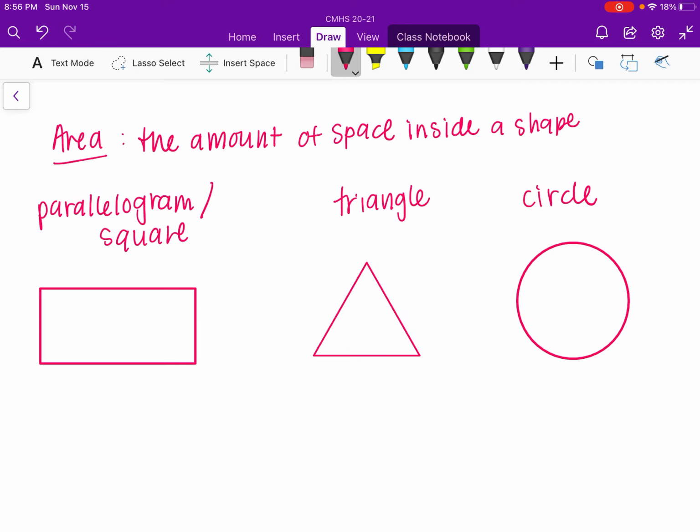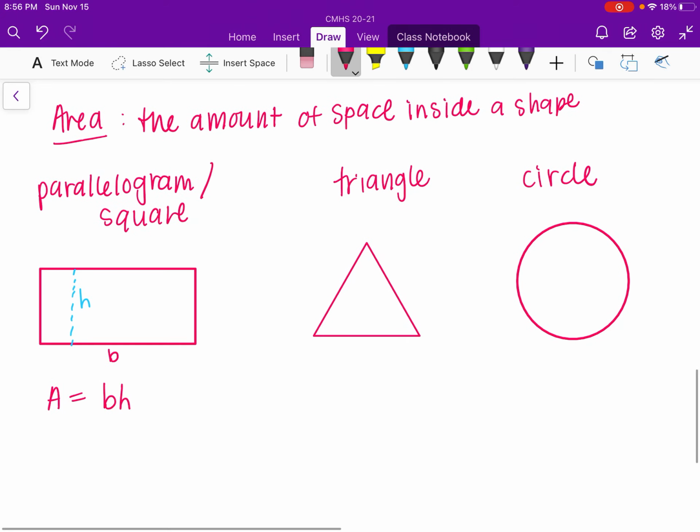So, first, for a rectangle or a square, area equals base times height. So, the base is just the bottom part, and the height is how tall it is. I usually like to do height with a dotted line like that. Base times height, easy enough. The area of a triangle is half base times height.